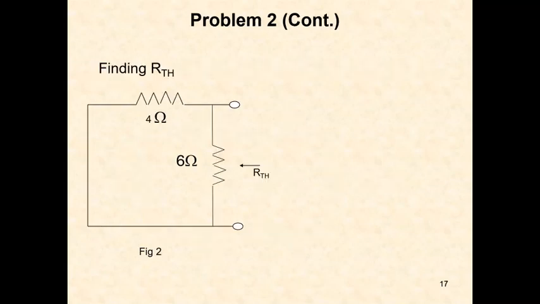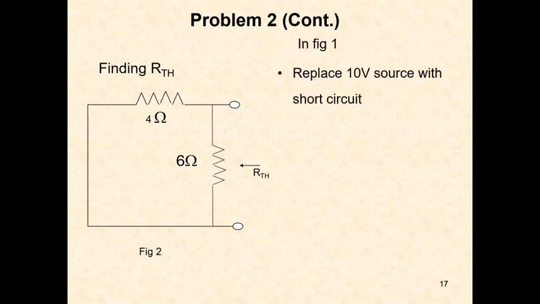First of all, we have to find the open circuit voltage and RTH, Thevenin's resistance. For that, the voltage source is short circuited and the load is open circuited. So the 4 ohm and 6 ohm resistors become a parallel circuit.